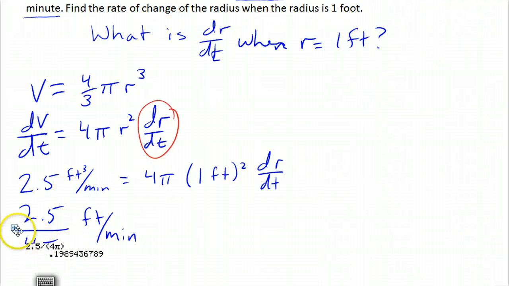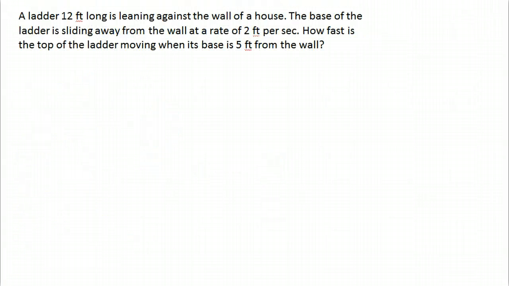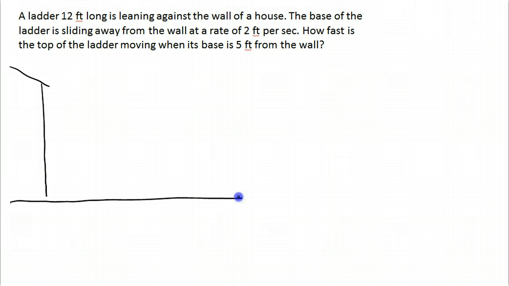Okay, so let's do another problem. Now, this is a classic problem. We've got a house, and a ladder is leaning up against the house. We'll have a blue ladder here, and it's 12 feet long, and the base of the ladder is sliding away from the wall at a rate of 2 feet per second.